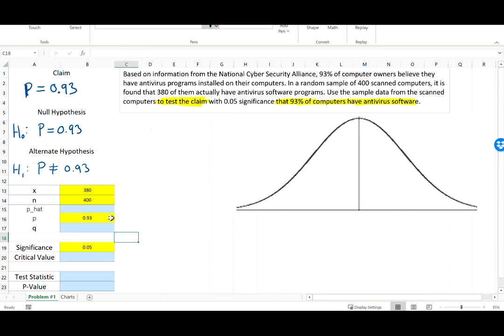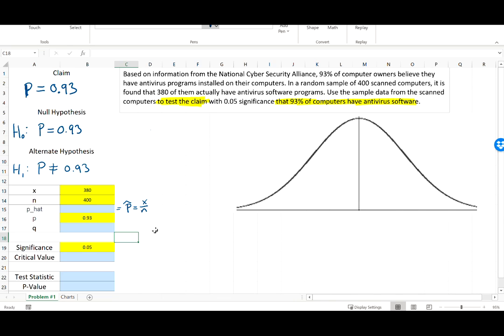That's the information given in the problem. P hat is the sample proportion. That's the P with the little upside down V looking thing above it. So that's what I mean by P hat. That's the sample proportion, and that should be equal to X over N.